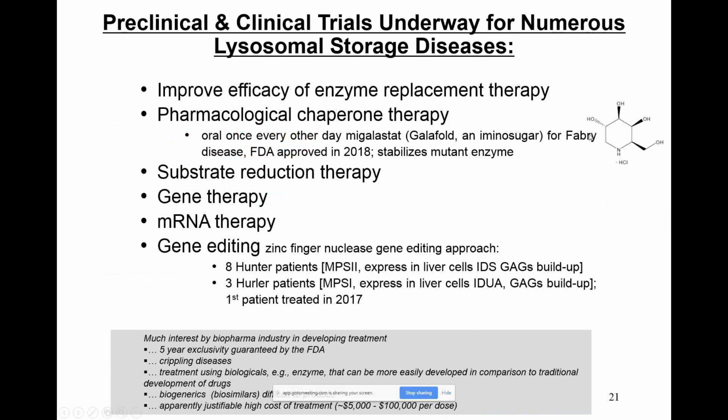Very recently for Fabry disease, a pharmacological chaperone therapy has now gained FDA approval. So this is an example where the patients do make a mutant enzyme, but it has low enzyme activity. So this small molecule, which is an amino sugar, binds to the active site, stabilizes that enzyme, and helps it get to the lysosome, and then this molecule releases.